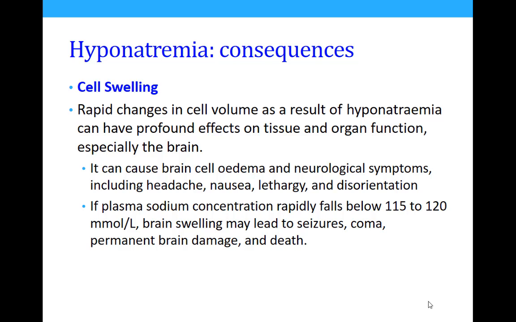In case of hyponatremia, the water will move into the cells and the cells will begin to swell. Cellular swelling is most notable in the central nervous system. So, brain cells, edema, neurological symptoms, they can begin with headache, nausea, lethargy, disorientation, and if not treated, can lead to death within few hours.